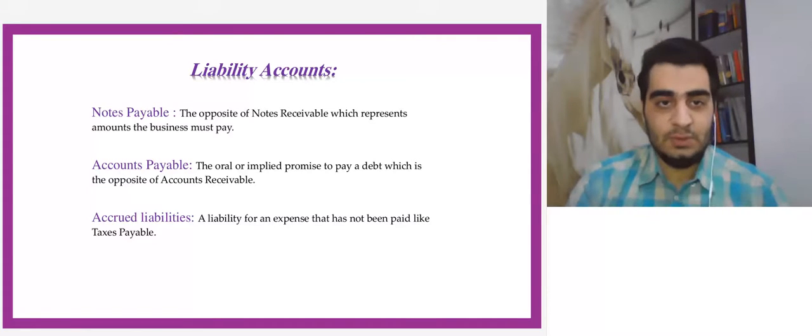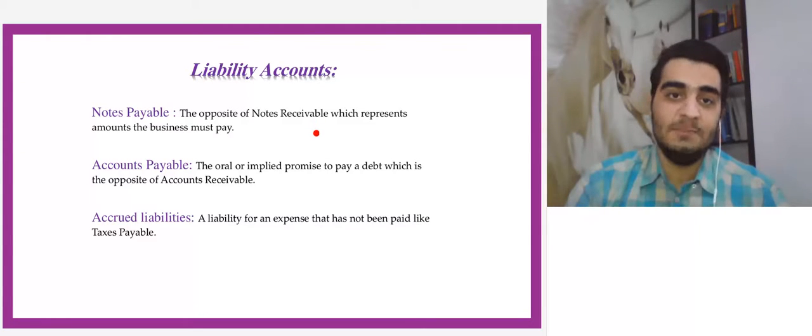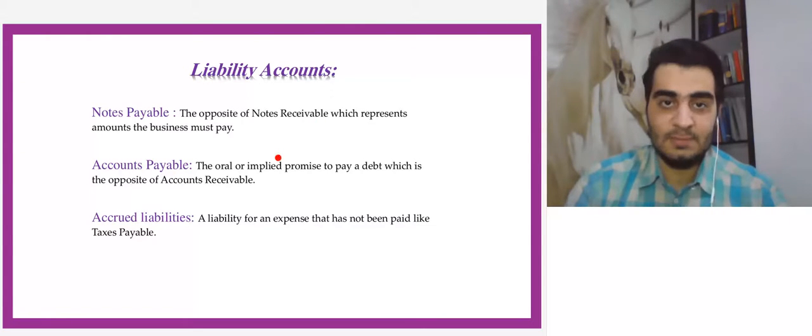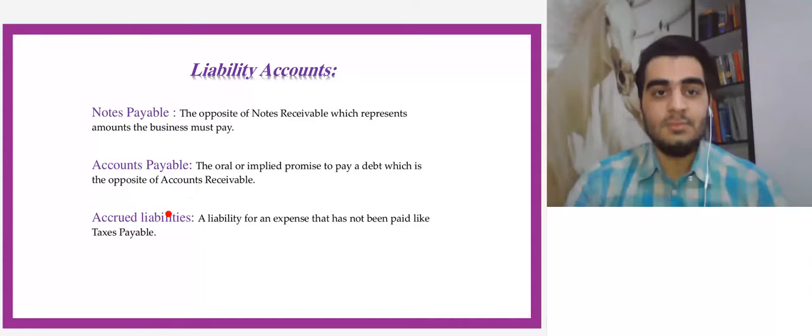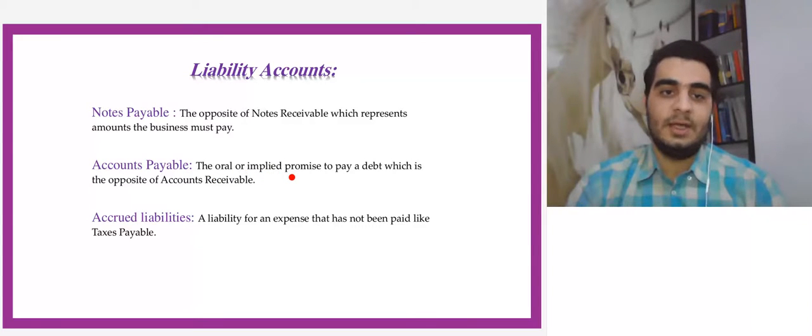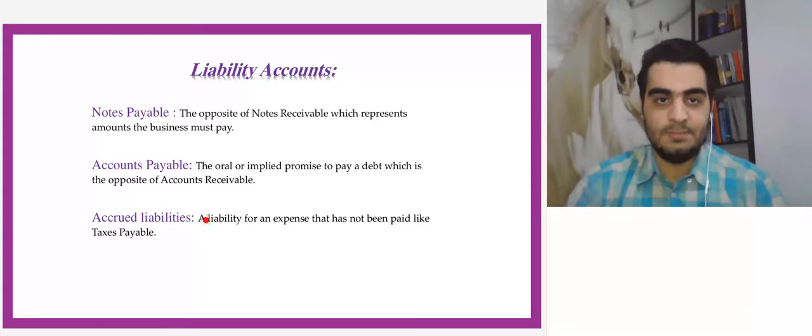For notes payable, it's the opposite of notes receivable, which means it's a written pledge, a written promise that we will pay a certain amount of money within a certain date. The next one is accounts payable, which is an oral or implied promise, just like accounts receivable, because they are the exact opposite.